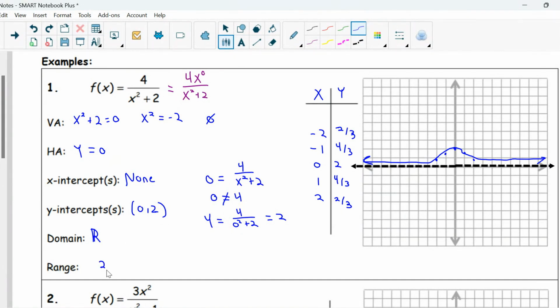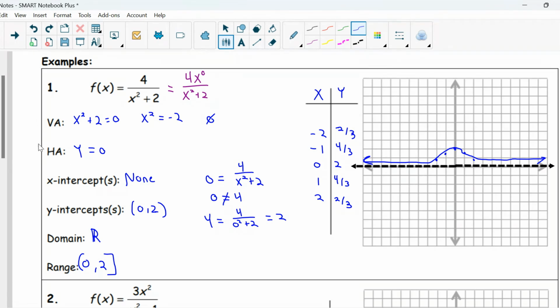So 2 is actually going to be my maximum point. My minimum, though, my asymptote is at 0. So my minimum is actually at 0, but I have to use an open bracket for that, since 0 can't actually be contained in my function. So that's my domain and range for this one.